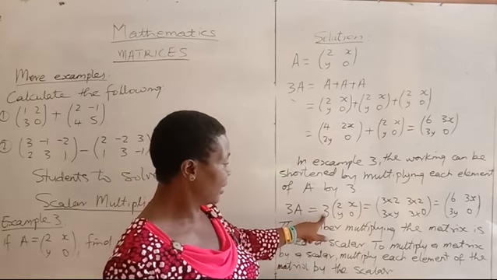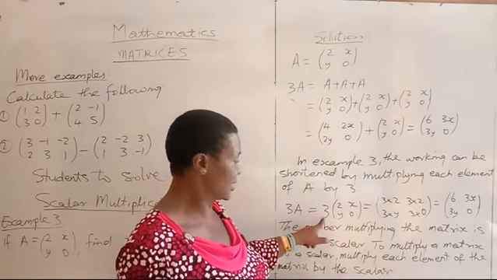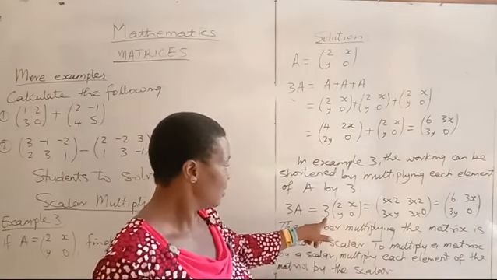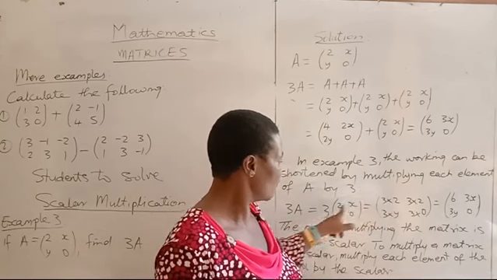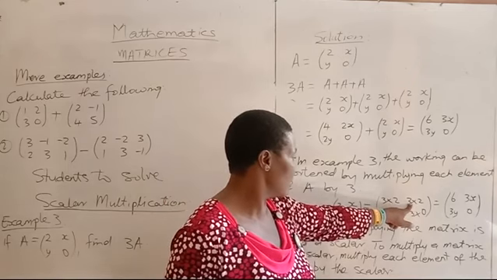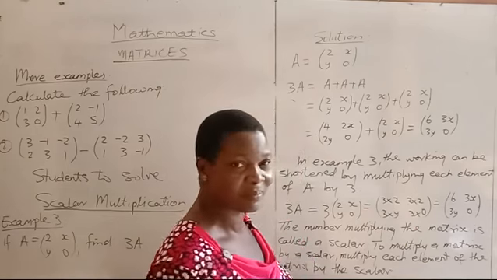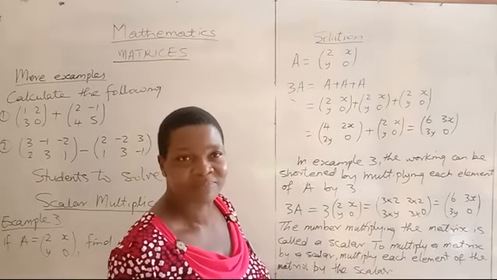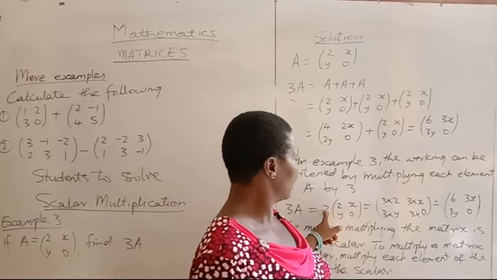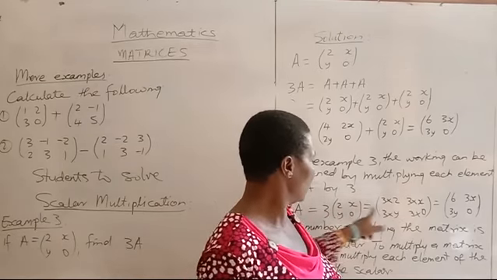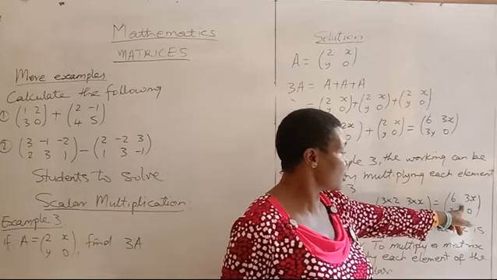3A equals 3, this is the 3 scalar, into, you put the matrix. This is 3 times 2, 3 times x, 3 times y, 3 times 0, which gives this result.